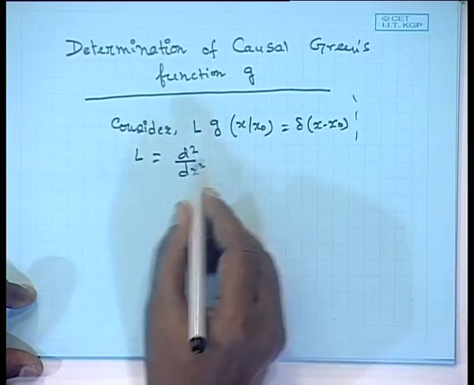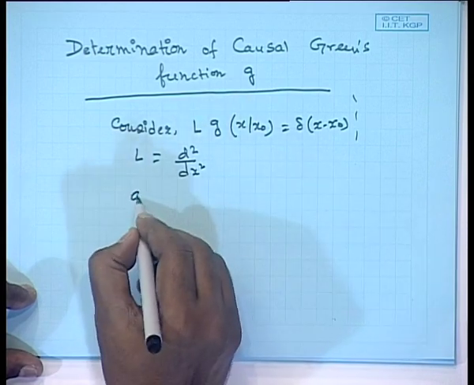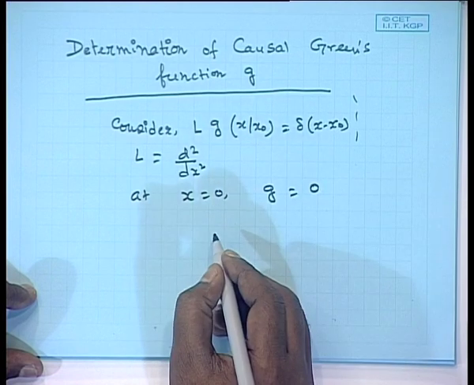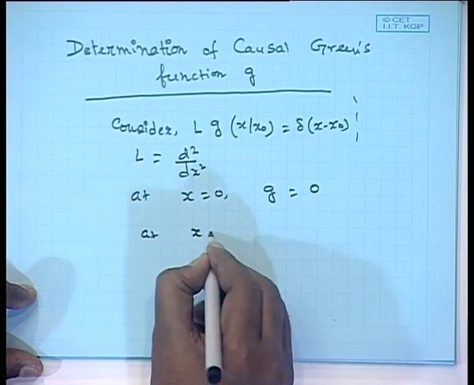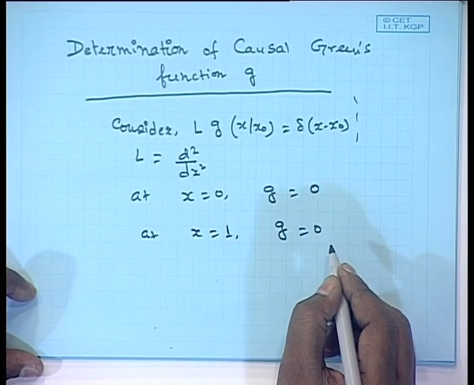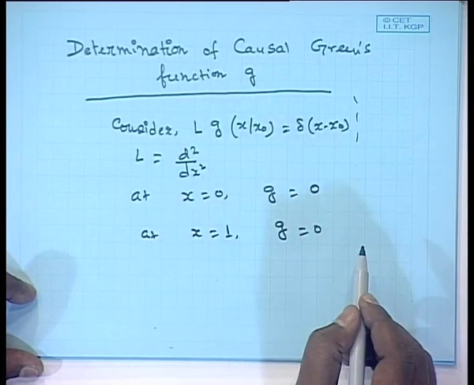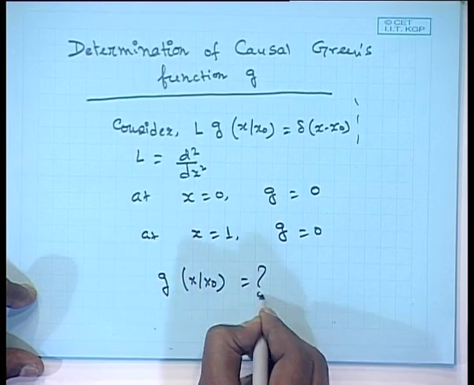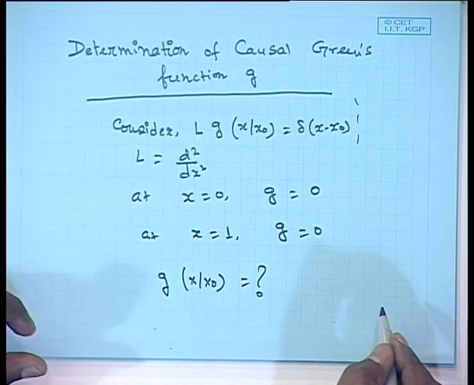And you must be having two boundary conditions. That means at x equal to 0, g is equal to 0, at x equal to 1, let us say g is equal to 0. We would like to find out what our Green's function g will be. That is the aim of this exercise.